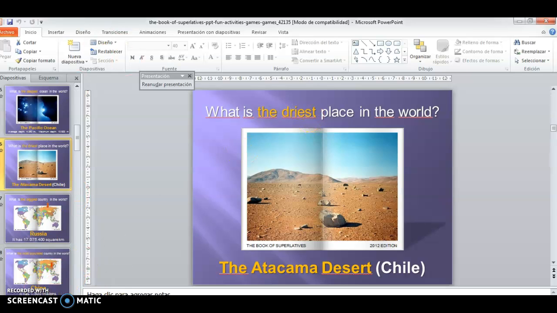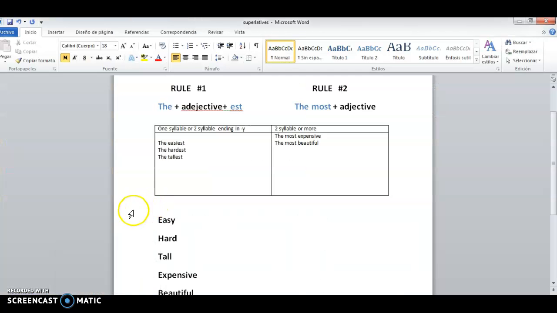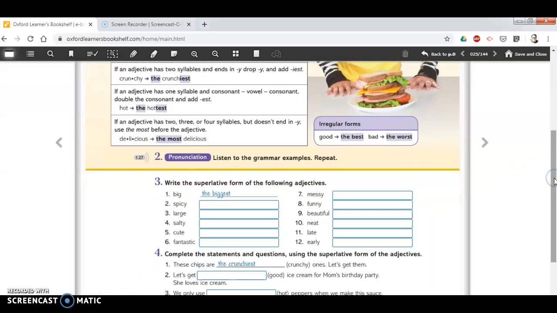Okay, so that being said, let's continue with the exercises here. So I'm going to do 2 through 6, and you do at home in your notebook 7 through 12.